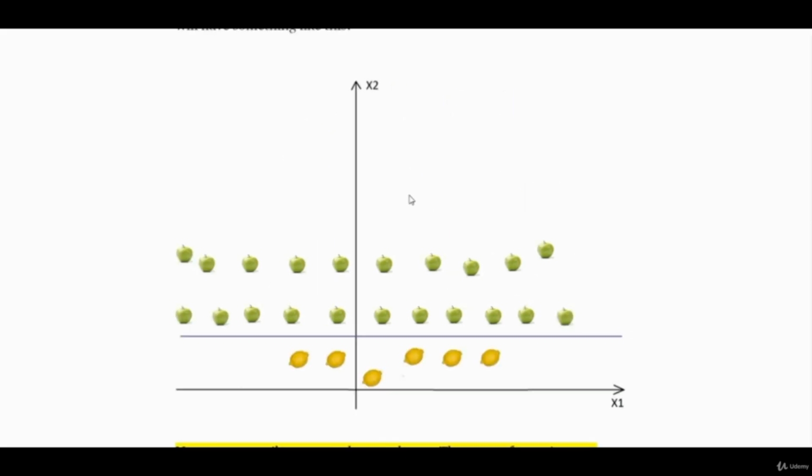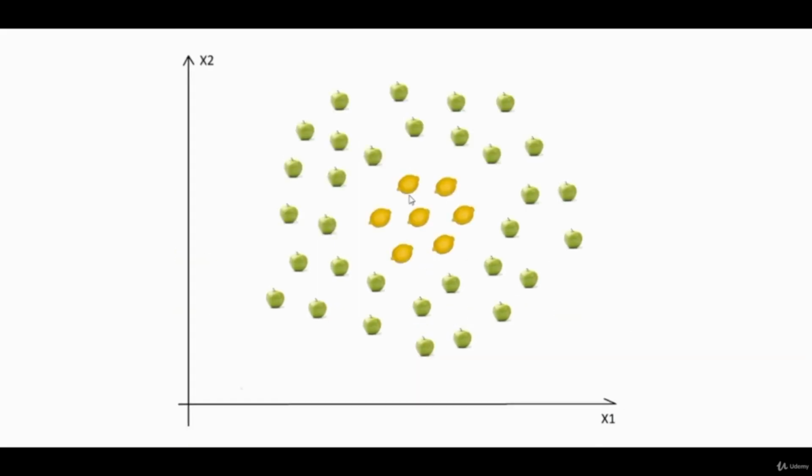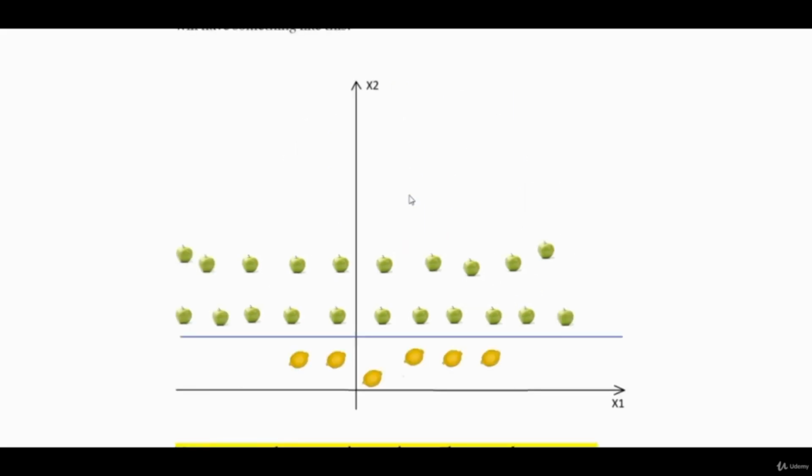Think of this 2D visualization as if you are viewing it from a top view, and when you view it from a side view and use another axis, which is here x2, then it will be clear that the green apples and yellow lemons will be different from each other on the specified function applied on x2. And then our model will try to create a hyperplane which will split them.